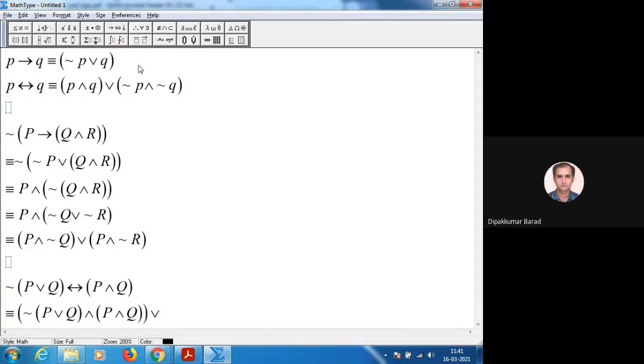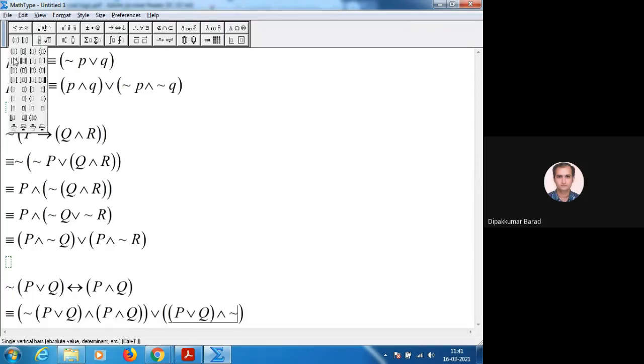Now not P means P or Q, only this, since negation of negation is the statement itself. So I get this: my not P and not Q. Now negation of P and Q.